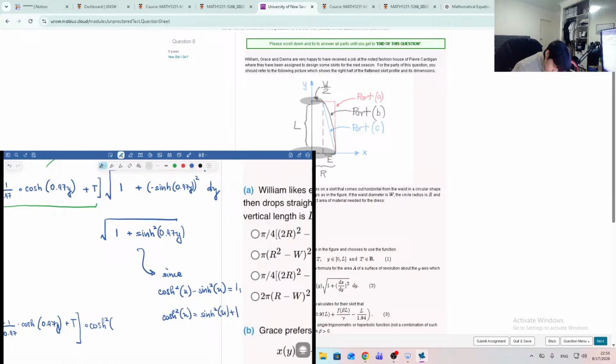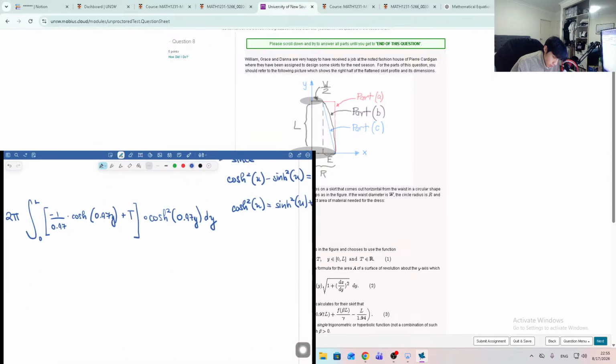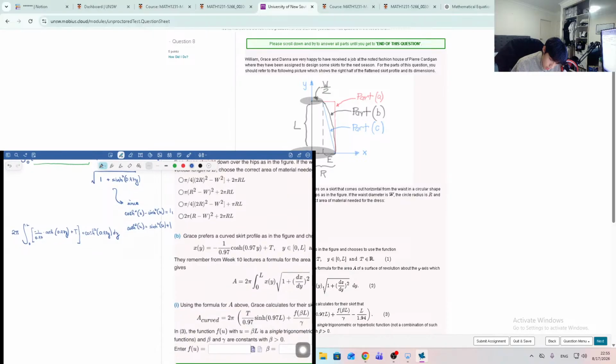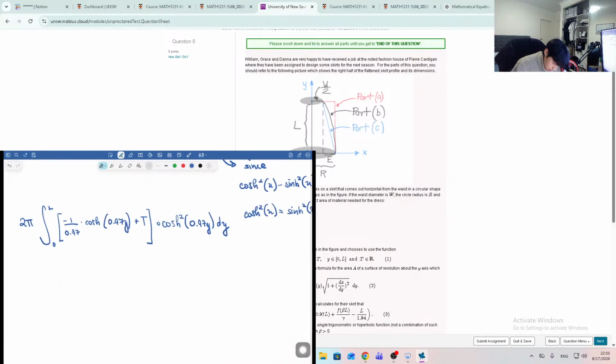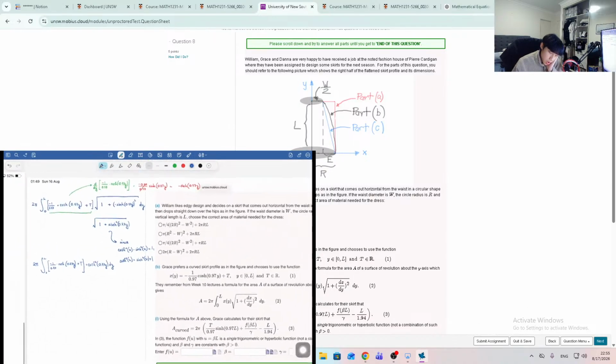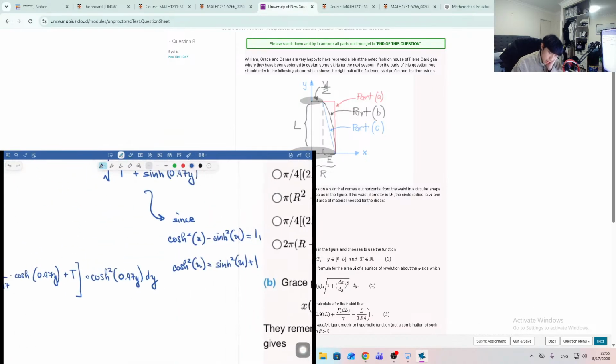Cosh squared, okay, and then do we get a cosh cubed? No, we just get a cosh here.